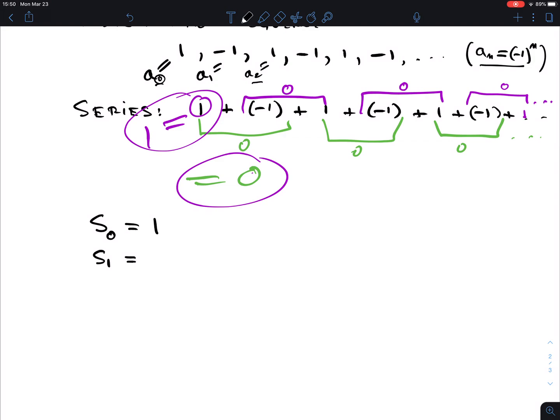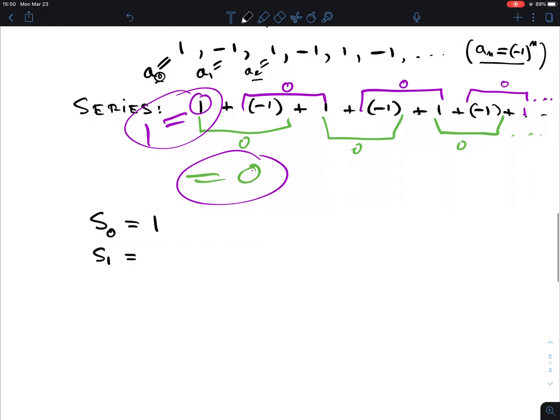S1, the sum of the first two, which is exactly what this green calculation did, is 0. What is S2? Now we have to sum up these three guys here, and if I add them up, 1 plus minus 1 plus 1, I get 1. And S3, not hard to see, right? Now I'm adding up all these four here, and I get 0. And it's clear what the pattern is going to be, right? We're going to get alternating 1s and 0s, and so on.